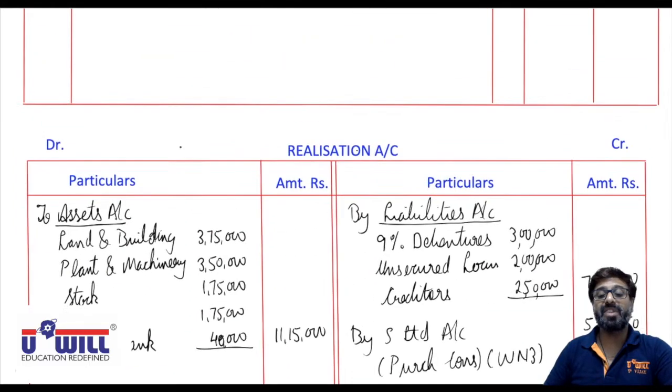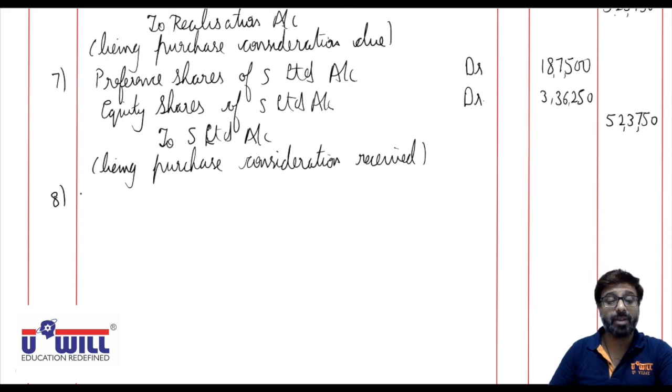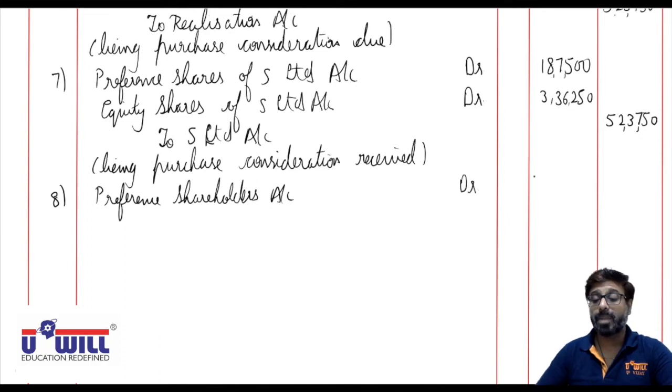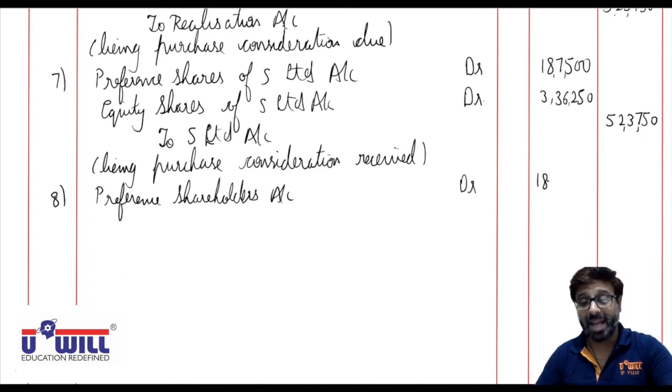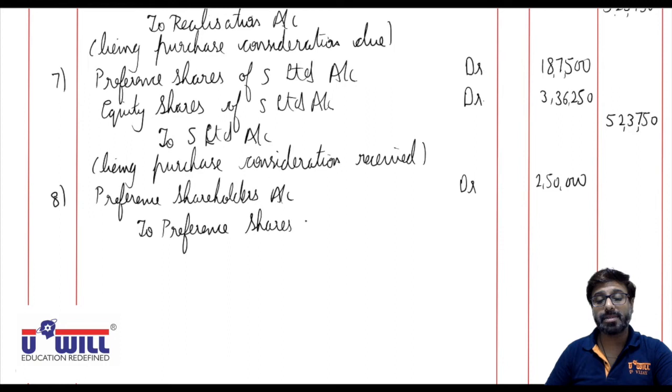Okay. Preference shareholders balance is 2,50,000, but we are paying them 187,500. So preference shareholders are the receiver. Debit the receiver. Preference shareholders account debit 2,50,000. Preference shares goes out. Credit what goes out to preference shares of S Limited account.